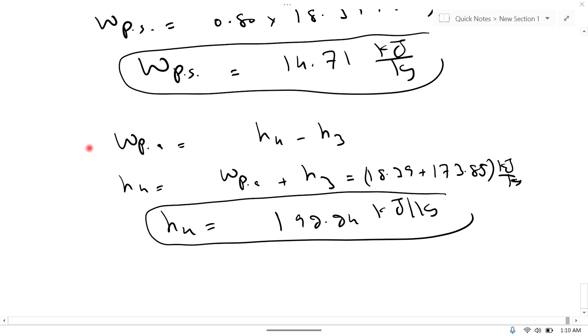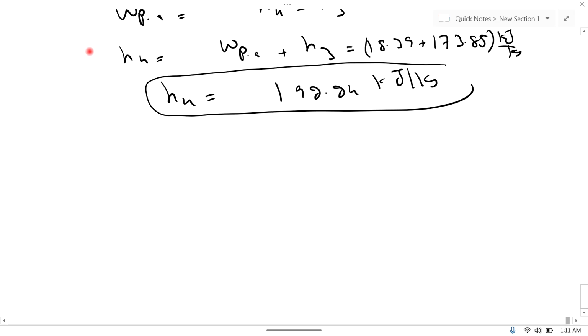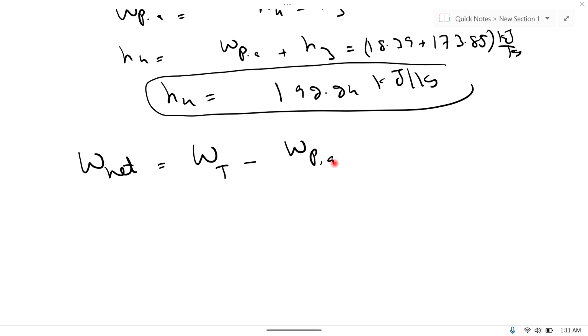Now we can easily find the net work of the turbine cycle. We know that net work is equal to the work of the turbine minus the work of the pump.